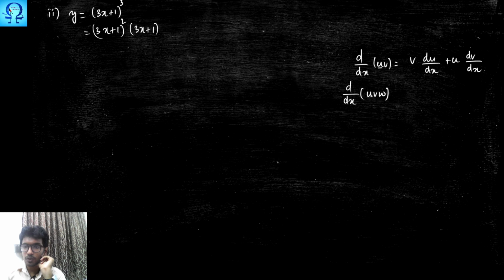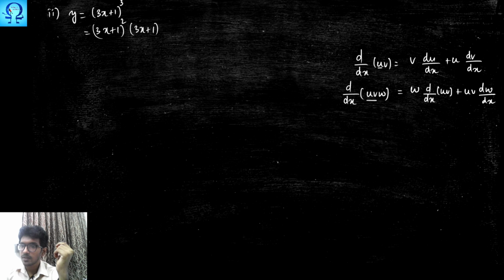In the place of u, we are going to have uv. In the place of v, we have w. What are we going to get? We'll have the last function as it is and the derivative of the first function, and then having the first function as it is and the derivative of the last function.